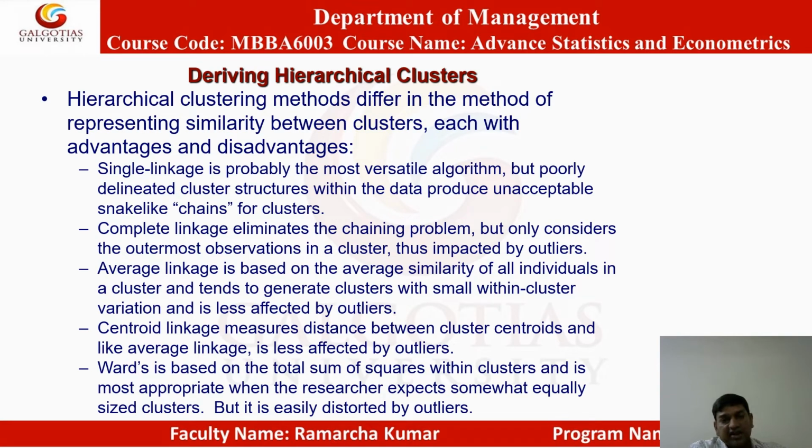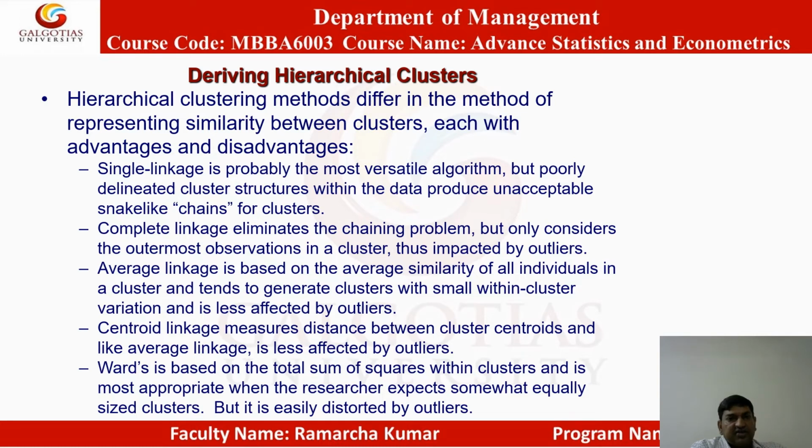Deriving hierarchical clusters. Hierarchical clustering methods differ in the method of representing similarity between clusters, each with advantages and disadvantages. Single linkage is probably the most versatile algorithm, but poorly delineated cluster structure within the data produces unacceptable snake-like chains of clusters.